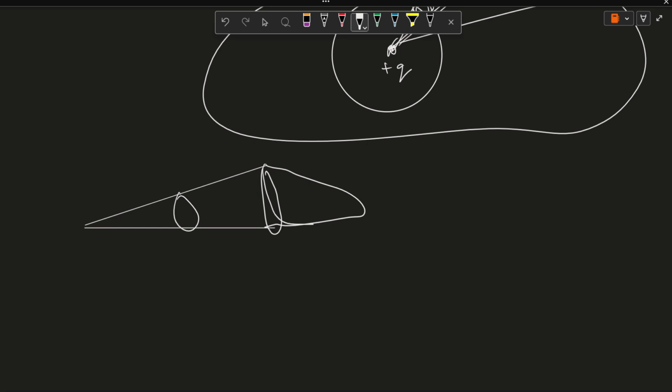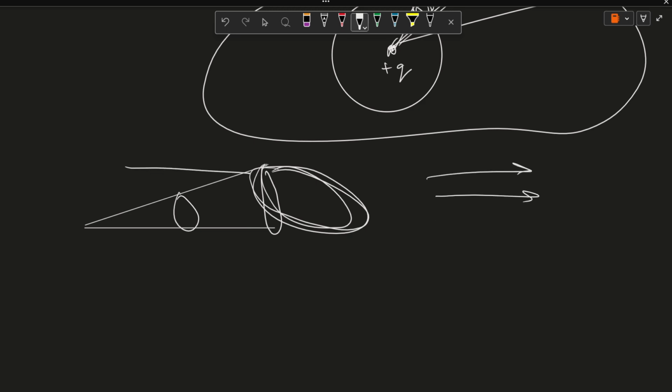But what we need to remember is that when electric field lines are coming at you, and they're coming like this, then it does not matter if they are flowing through this or if they are flowing through this, right? Because we also consider cos theta, the angle between them, right?